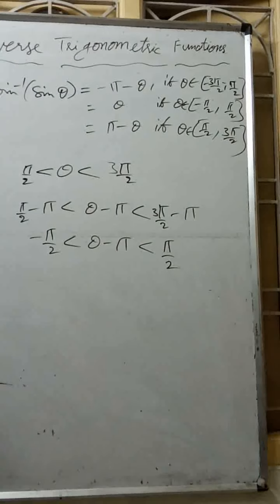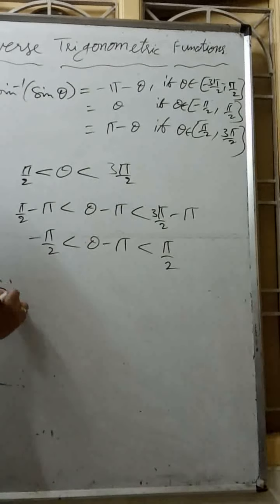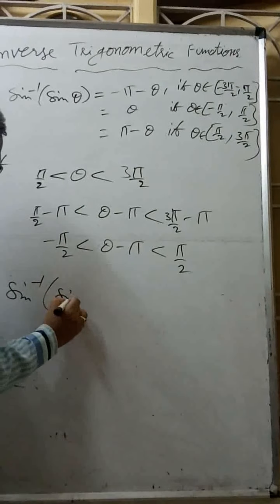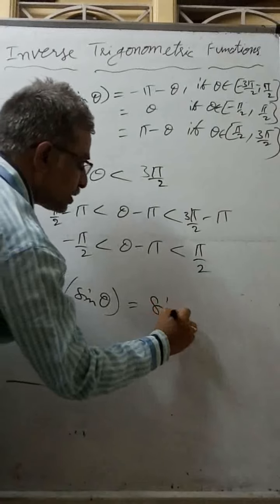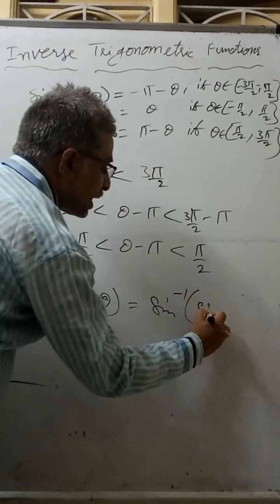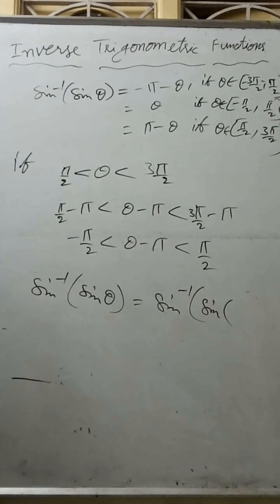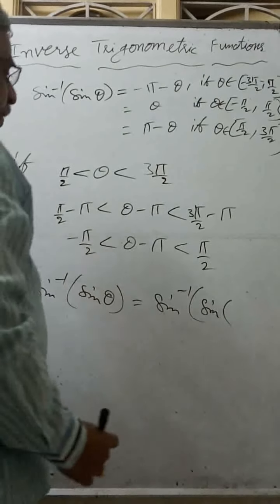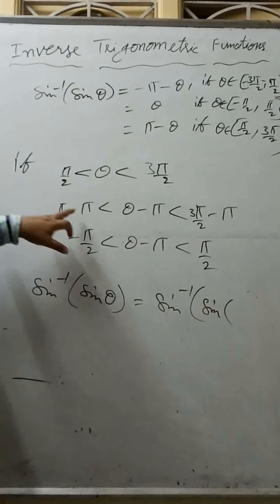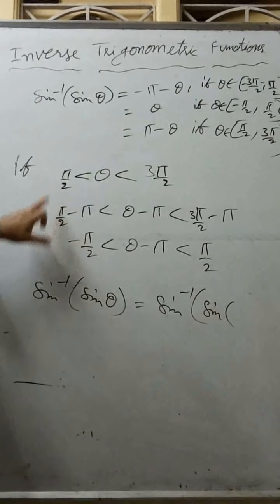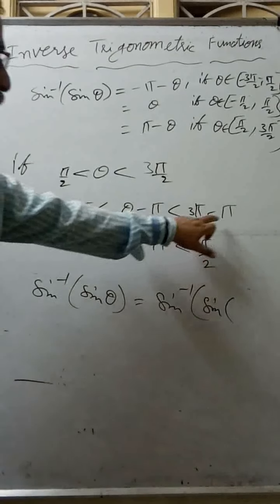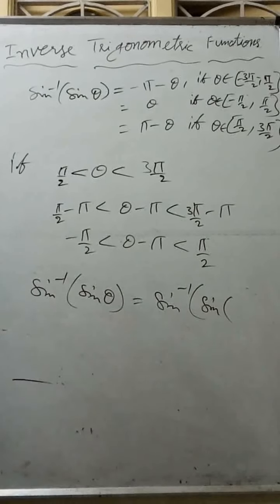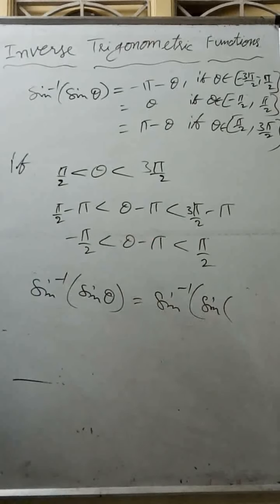So how can I write sin inverse of sin theta? Again I can write it as sin inverse of sin of theta minus pi. Pi by 2 minus pi becomes minus pi by 2, and 3 pi by 2 minus pi becomes pi by 2. So this becomes theta minus pi.